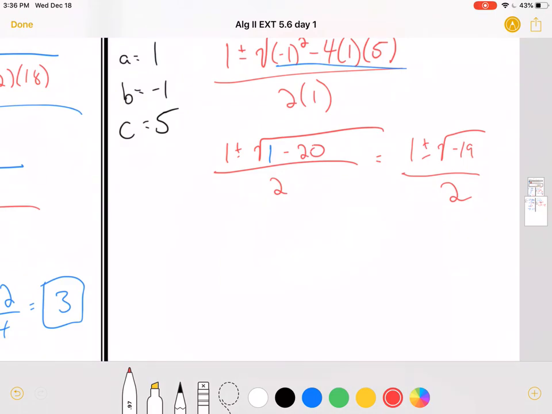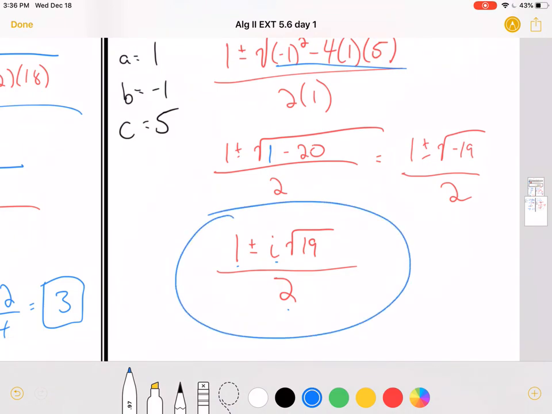Okay, the last step then is to say, hey, I have a negative under the square root. I can pull that out and change it to an I. So now I have 1 plus or minus I square roots of 19 over 2. You look to reduce. If you can reduce boom, boom, and boom, the 3 things with the blue dots under it, like if I have a 2, a 6, and an 8, I can divide them all by 2. Here I have a 1, 1, and 2. We cannot reduce those, so I am finished.